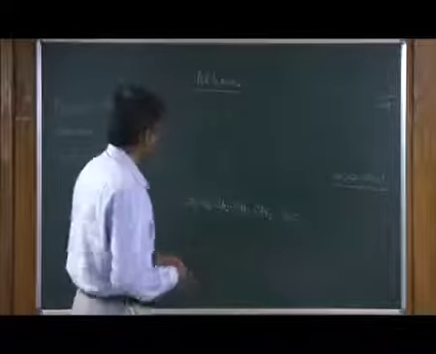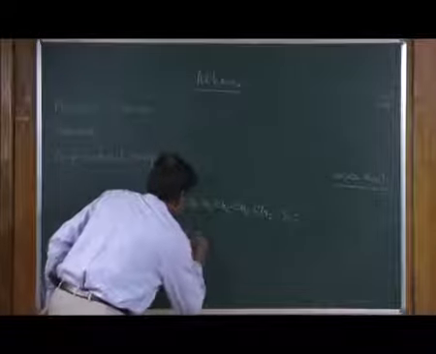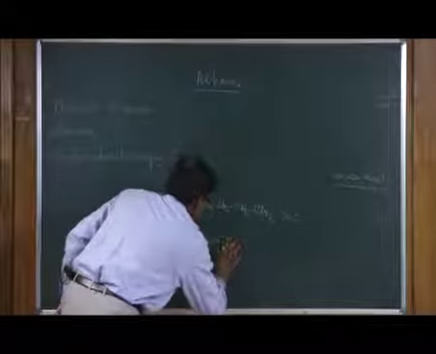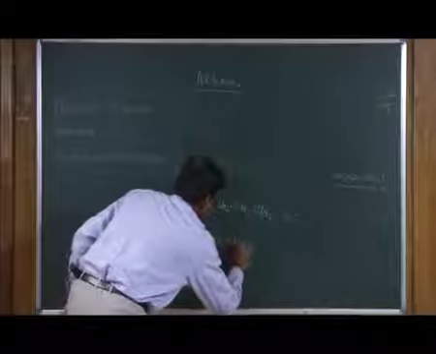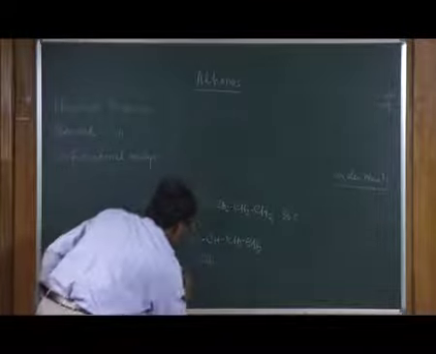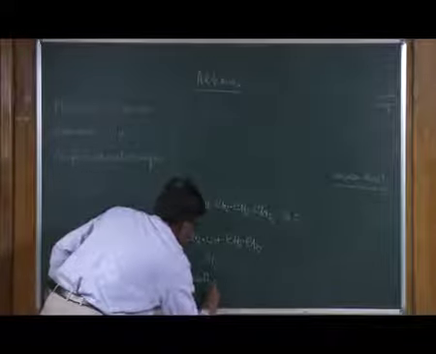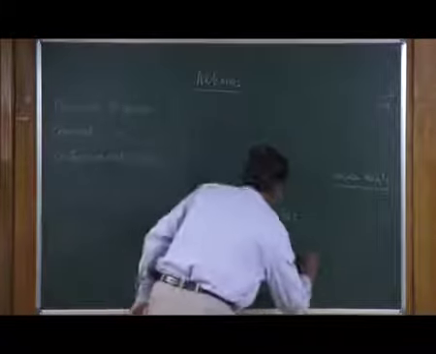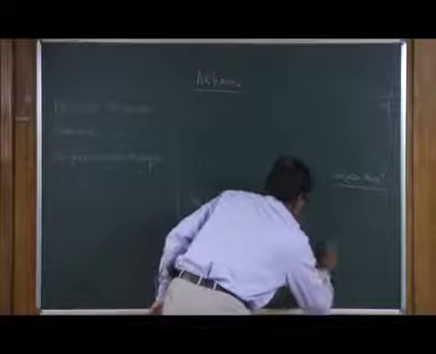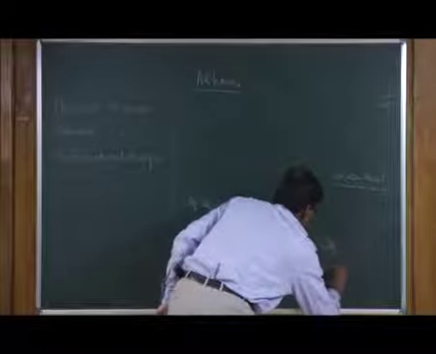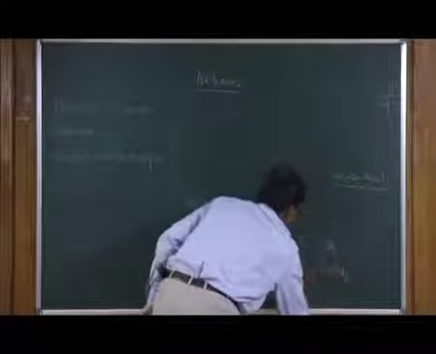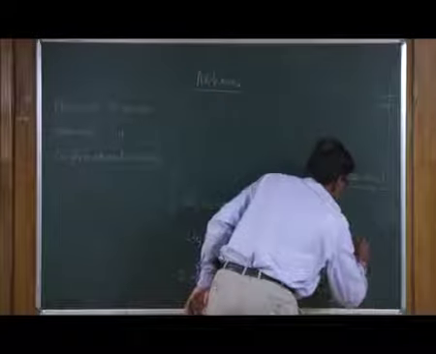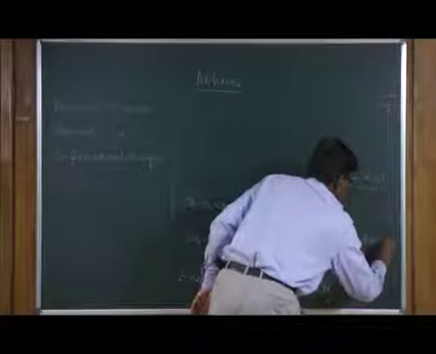The linear one has 36 degrees Celsius, and the other two isomers are 2-methylbutane and 2,2-dimethylpropane.